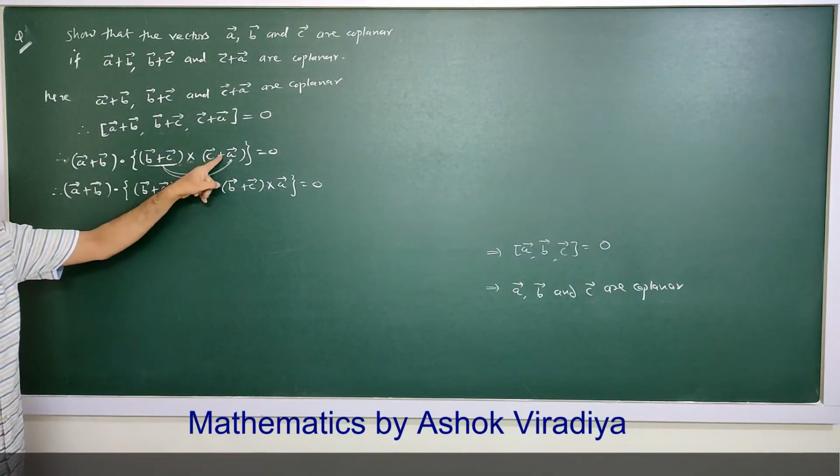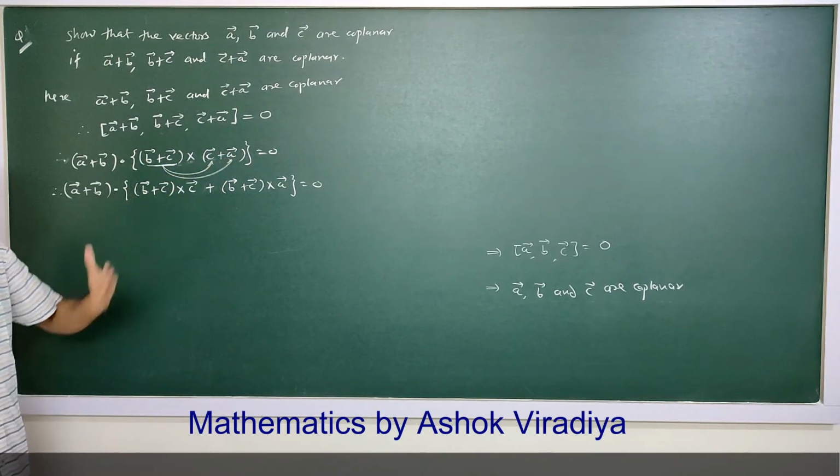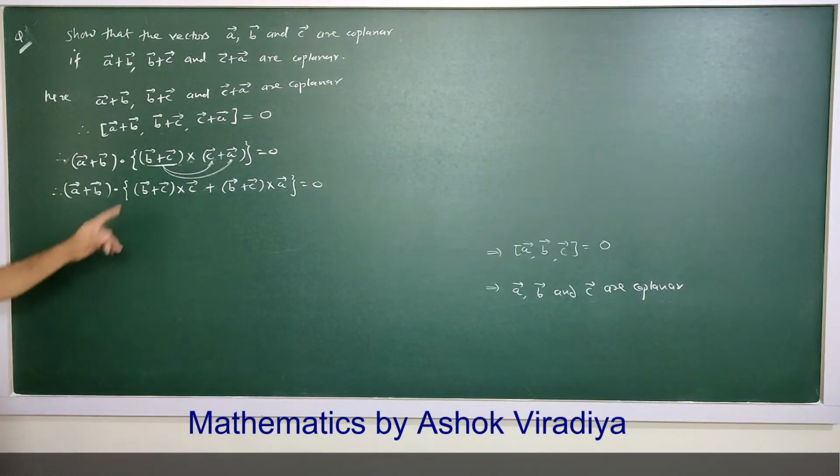X cross Y plus X cross Z, like that. Cross product is distributive over addition.